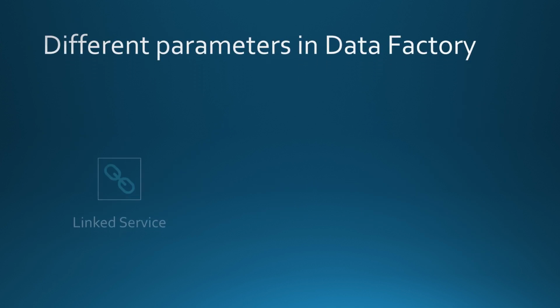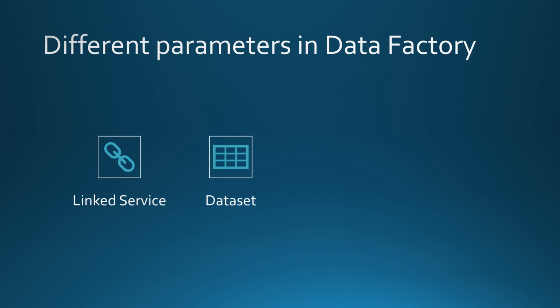Now let's take a look at different parameters that we have in the Data Factory. First, we could parameterize the linked service and, for example, parameterize the database that is being used on the SQL server. Then we have the dataset parameters that we just went through in the previous example, where we can, for example, parameterize the file name or even the blob container that is being used to fetch the data. Then we have the pipeline level parameters that we also covered in that previous example.